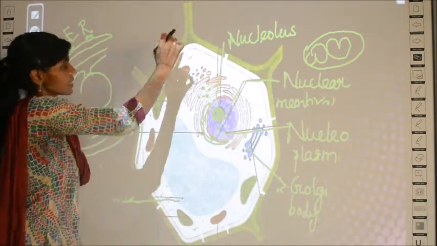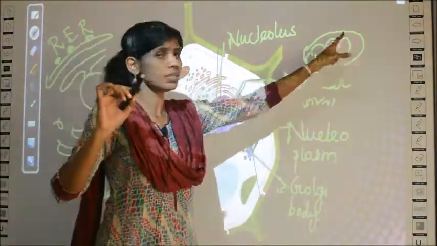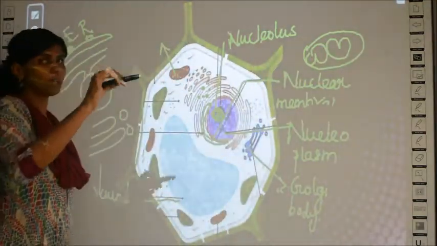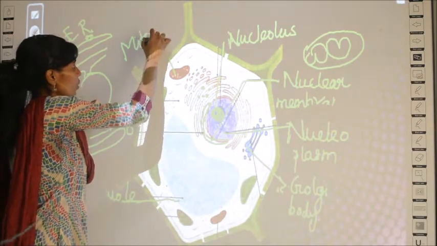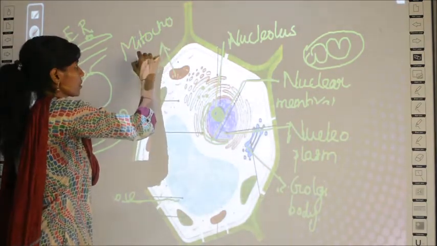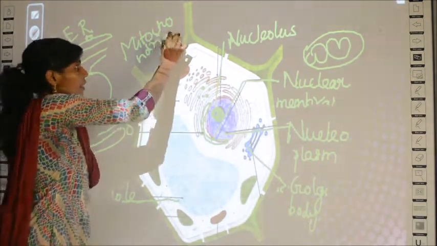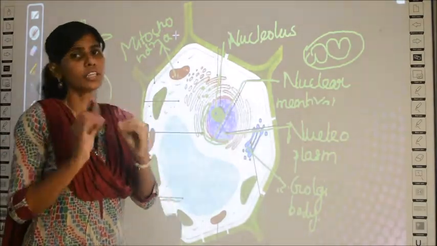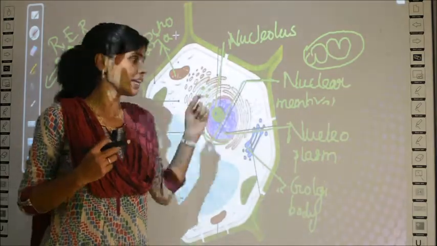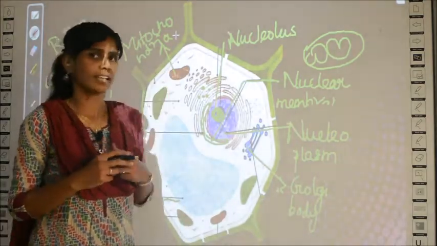So, the red color structures which have such a structure inside, in your book it will be clearer, you have to label as mitochondria. The special property of mitochondria is that this only gives energy to you. You get energy only from mitochondria in a cell.